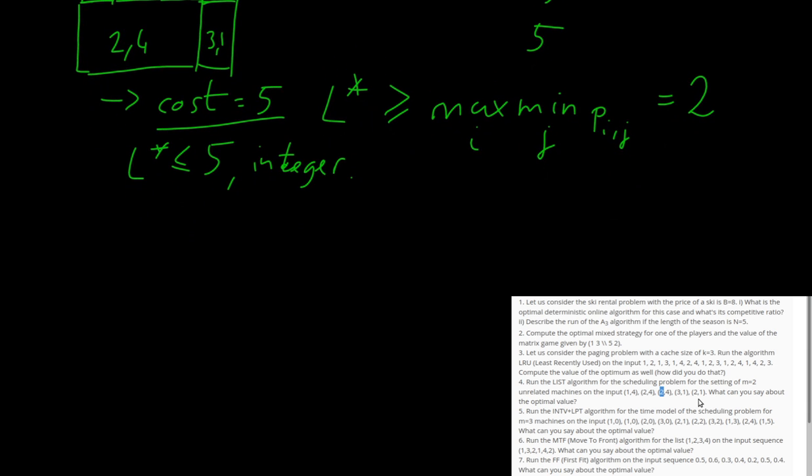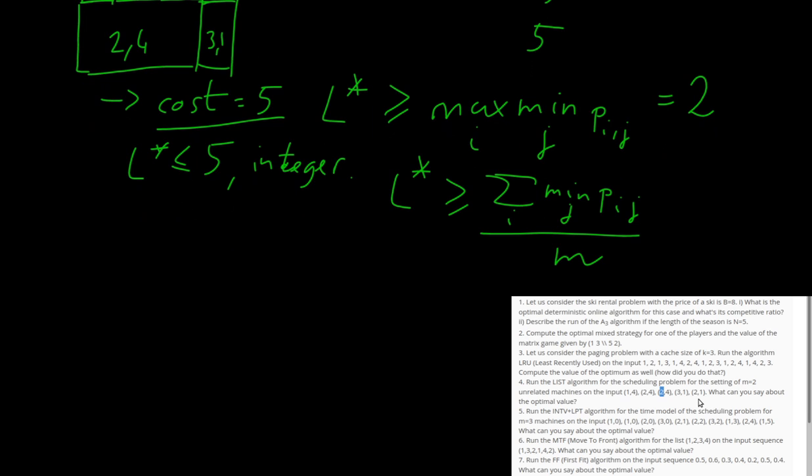In most cases this is not the best possible bound, but the second one is that the optimum is also lower bounded by the sum of the minima of the Pij's divided by the number of machines, so that's also a general formula.